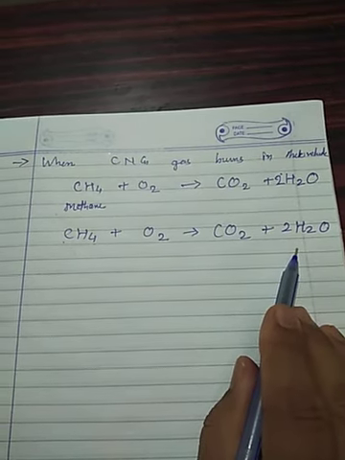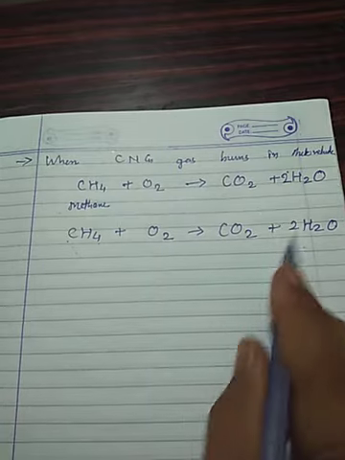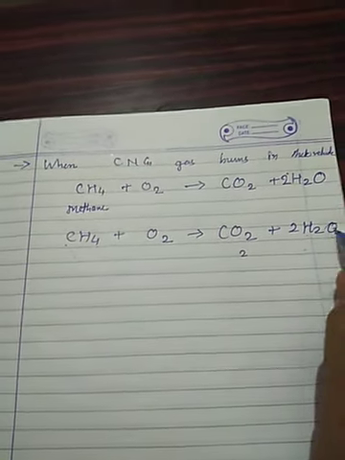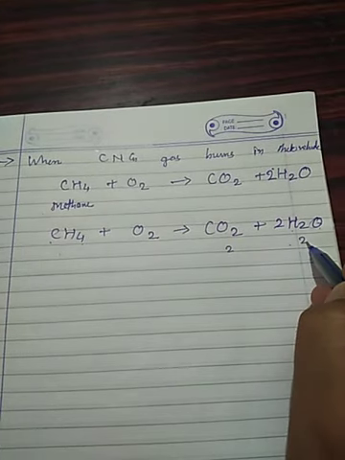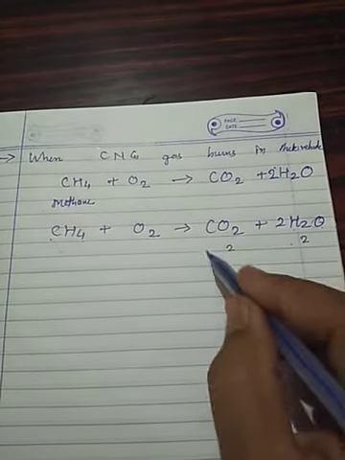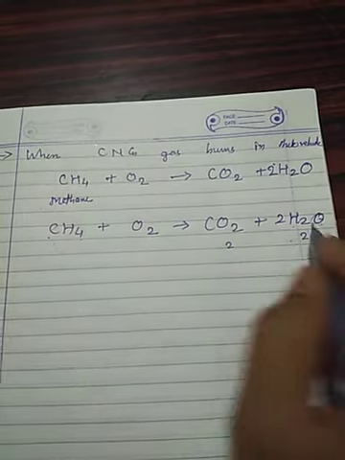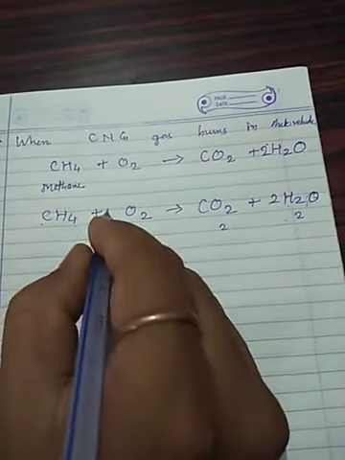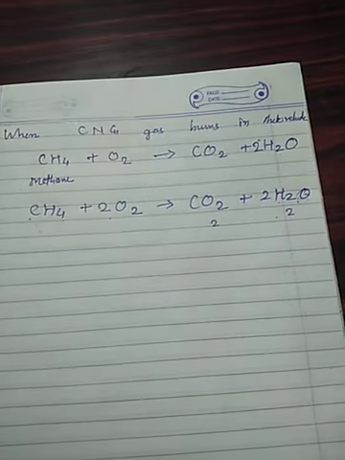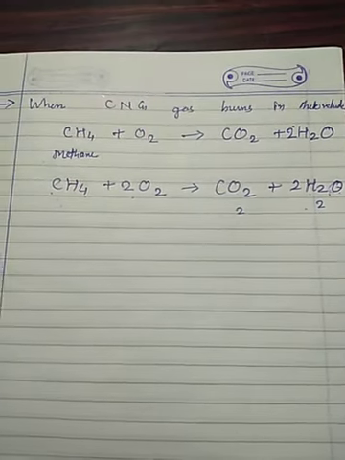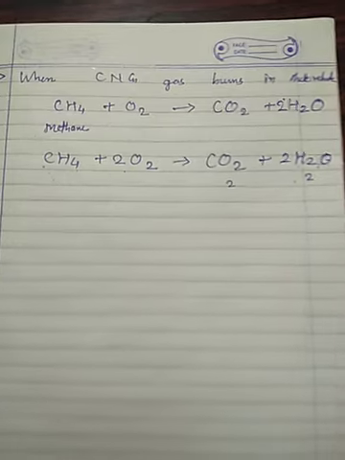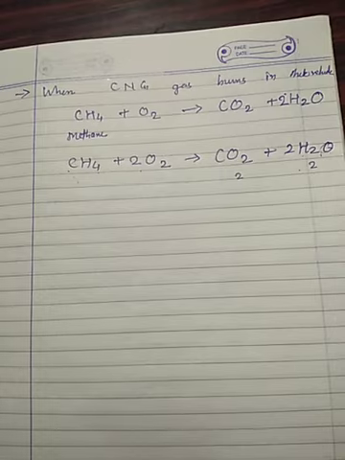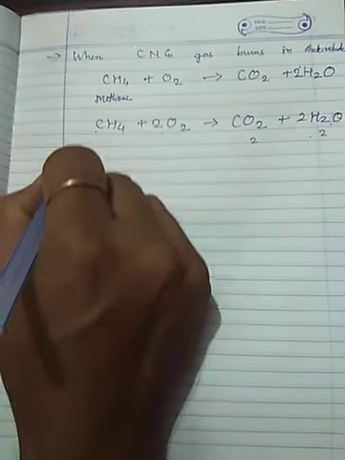The remaining is oxygen. In carbon dioxide 2 oxygen are there. In H2O 1, but it is multiplied by 2, so 2. So on the product side there are 4 oxygen. On the reactant side only 2. So when we multiply it by 2, we get a balanced equation. When CNG is burned in an automobile vehicle, we always get carbon dioxide and water.